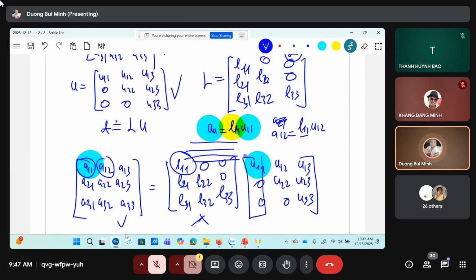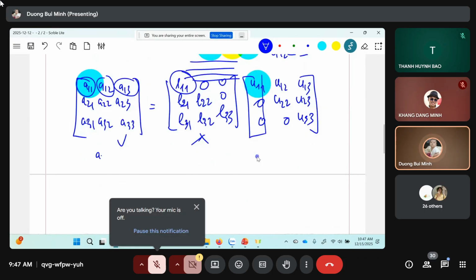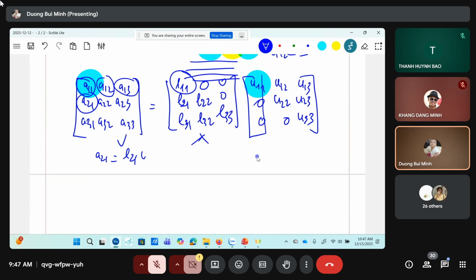So we also get L11. And then we have A21, the second row and the first column, you get L21 times U11. This one is 0. So we know A21, we know U11, so you can get L21.